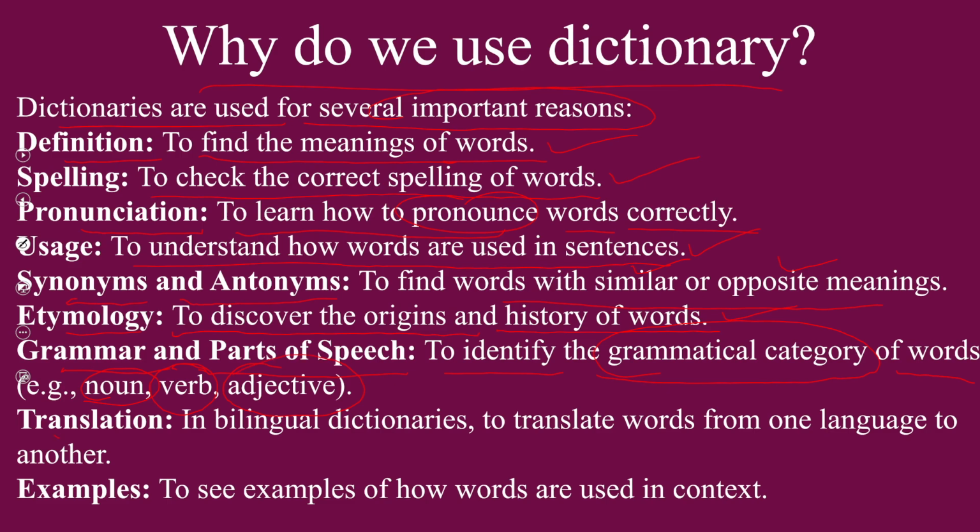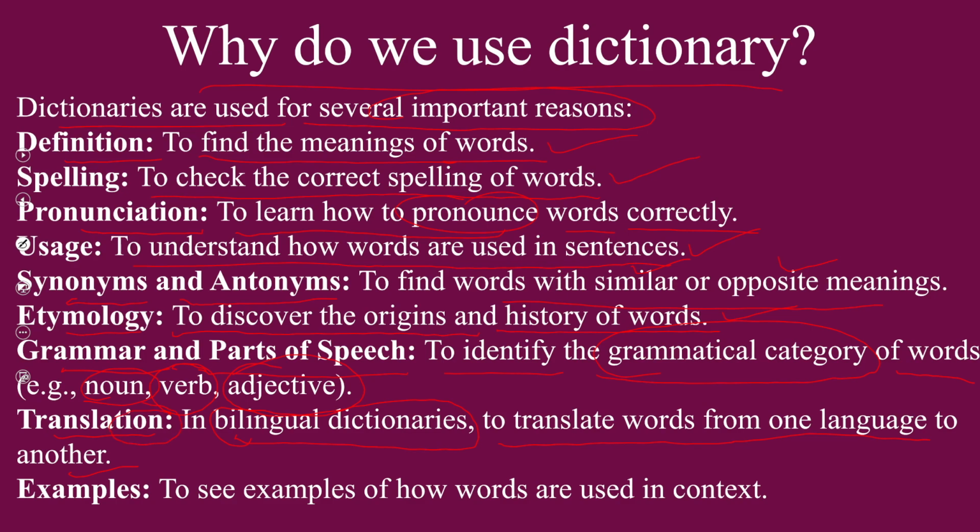Also, we use bilingual dictionaries where there are two languages involved. We try to translate words from one language to another. For example, English to Urdu or Urdu to English dictionaries. So you can also use the dictionary to look for translations.